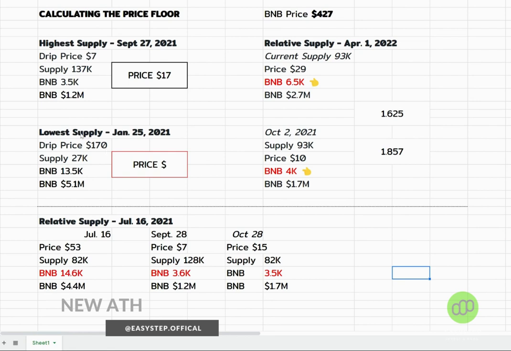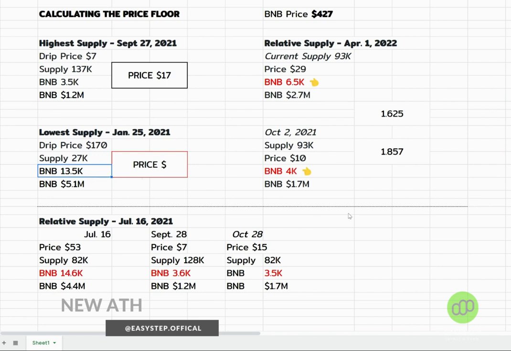Okay. Now on January 25th, we had our all-time high, which was about $170 if it's based on the liquidity of PancakeSwap. But on the DRIP website, it was around $190 to $200. And around that time, the supply of DRIP was 27,000 and the BNB balance was 13.5 thousand.